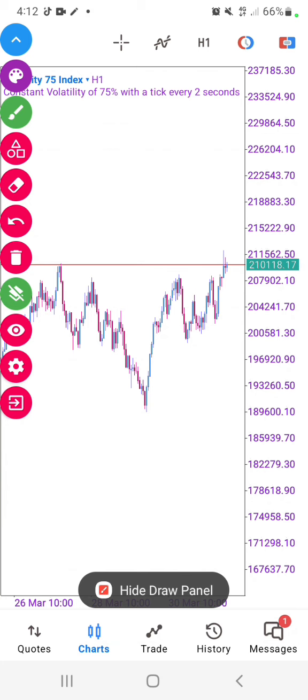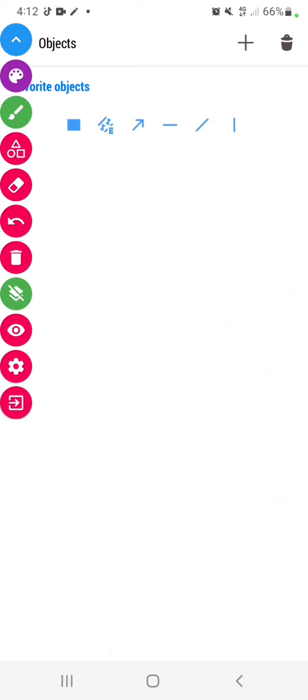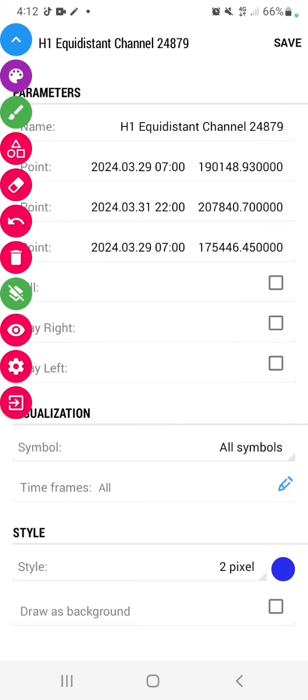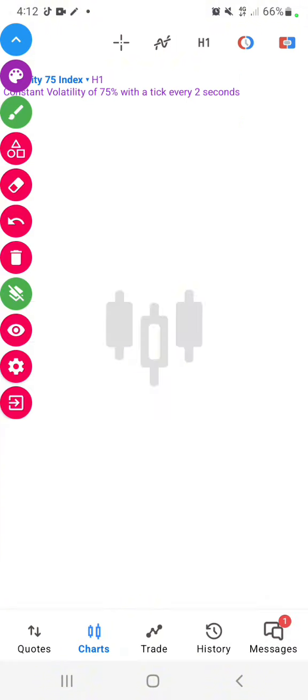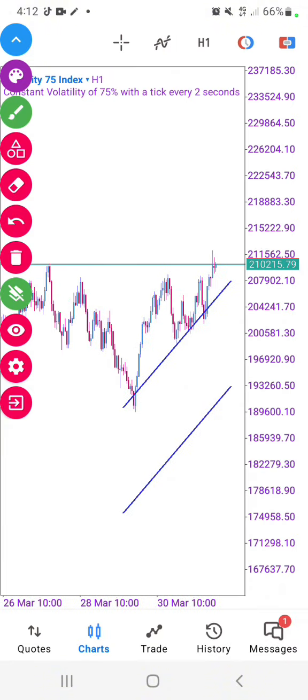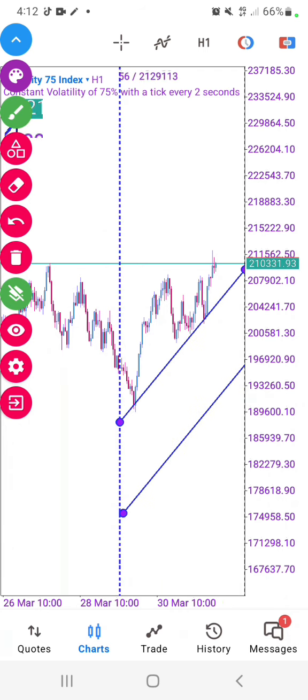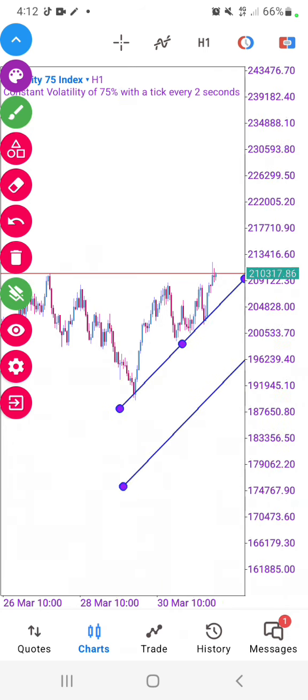So we have to get the tools to use to identify the trend in H1. Let me increase the picture here so that we can see our trend very well. This is the tool you can use to identify the trend channel.